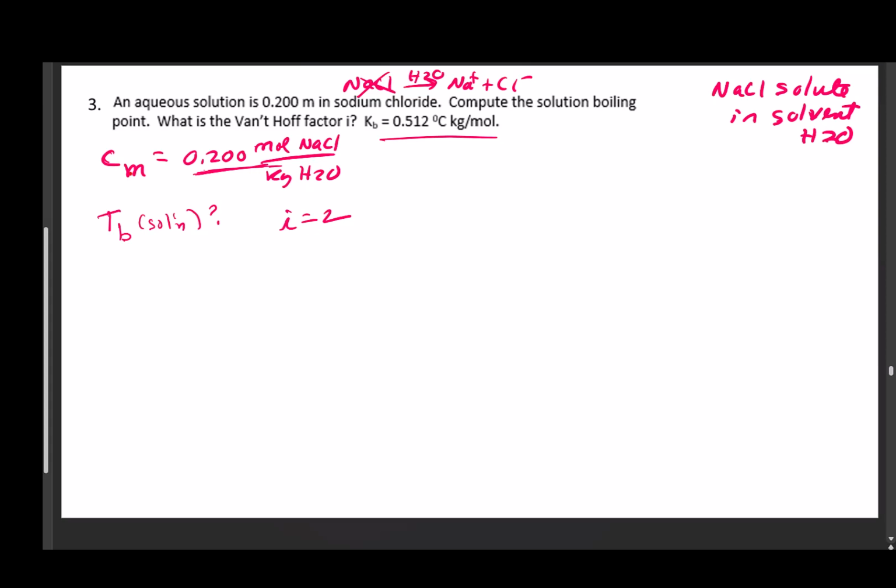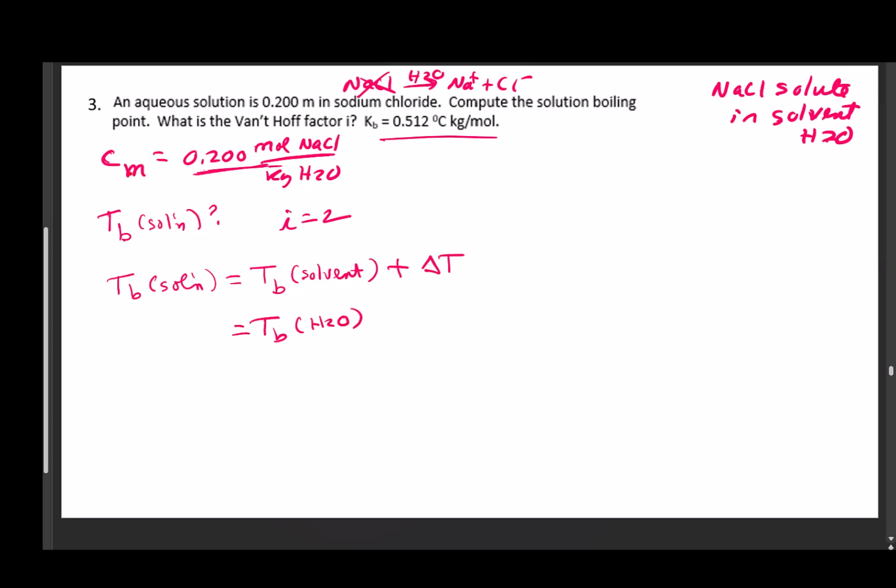All right, so solution boiling point. So T sub B, boiling point of the solution, is equal to boiling point of pure solvent plus the boiling point elevation, delta T. Our solvent here is water.